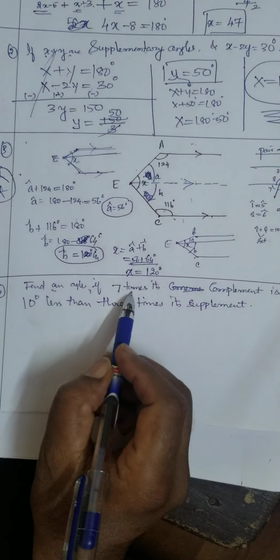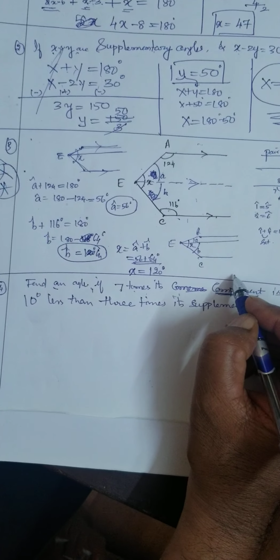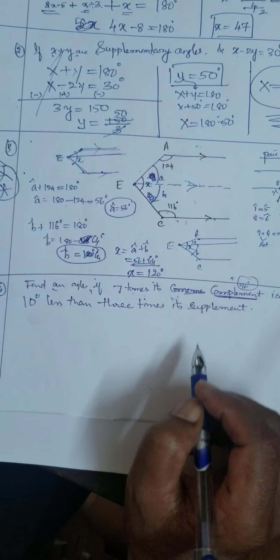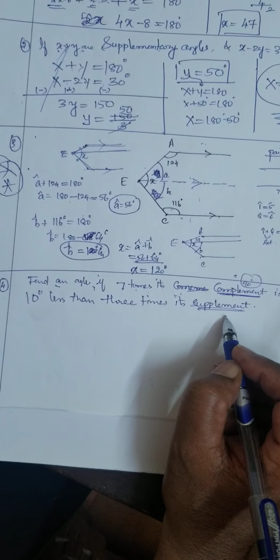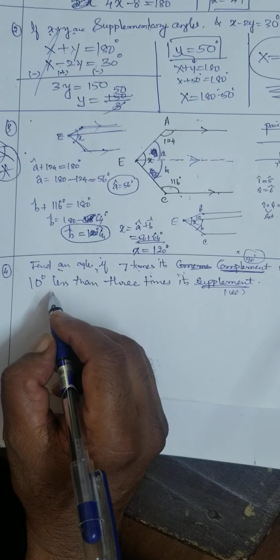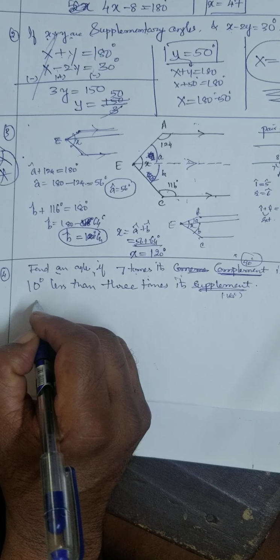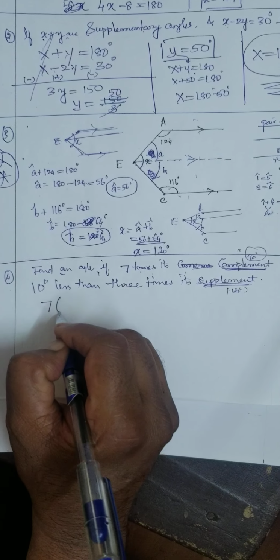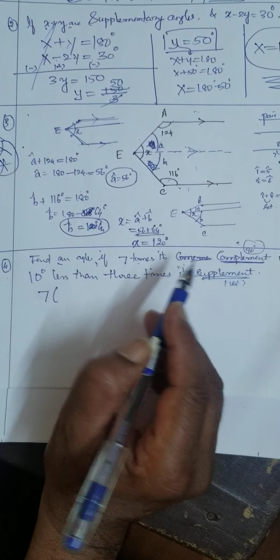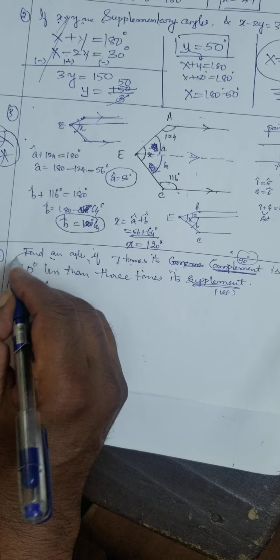See, find the angle if 7 times its complement. Complement means the sum of the two angles should be 90 degrees. Supplement means the sum of the two angles is 180 degrees. Just remember this. Find an angle such that 7 times its complement is 10 degrees less than 3 times its supplement. Let x be the angle.